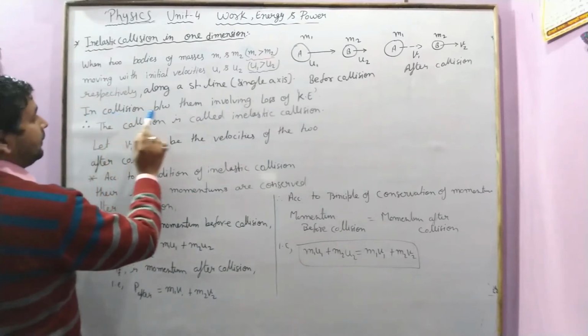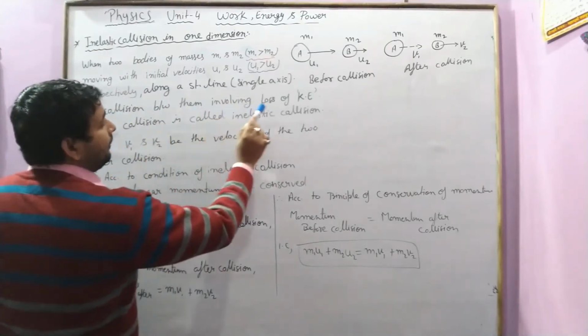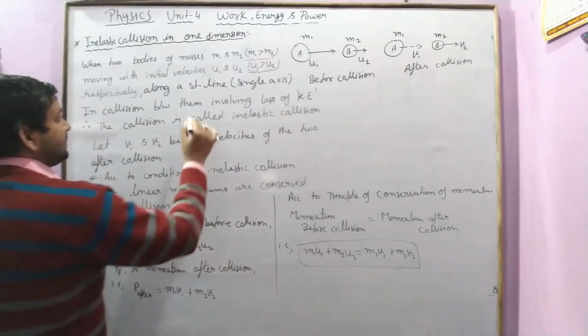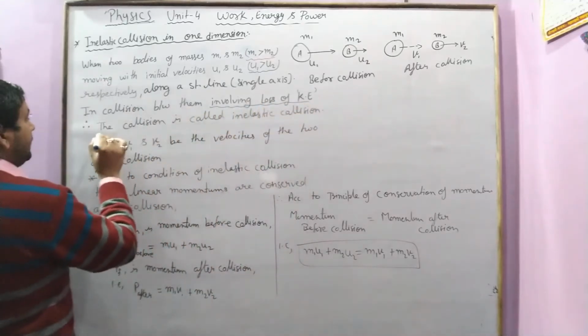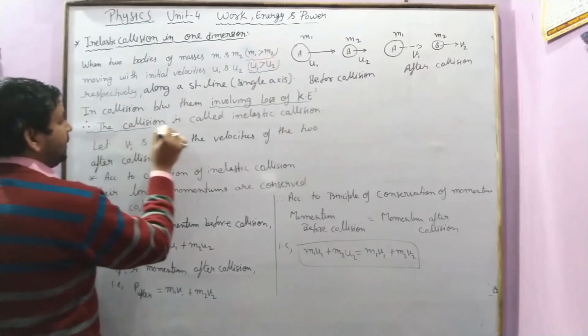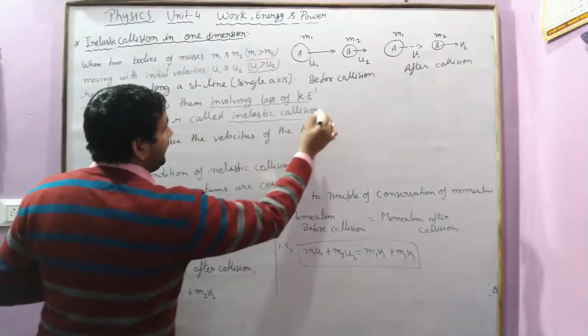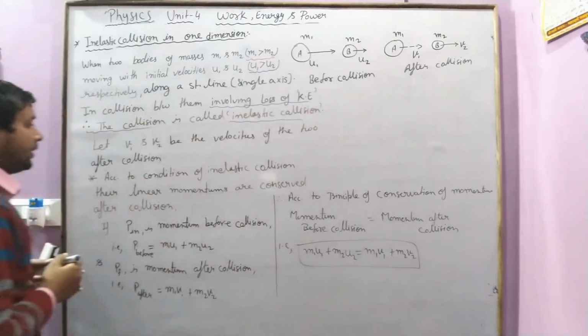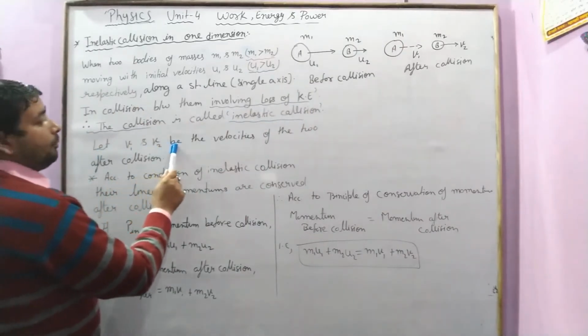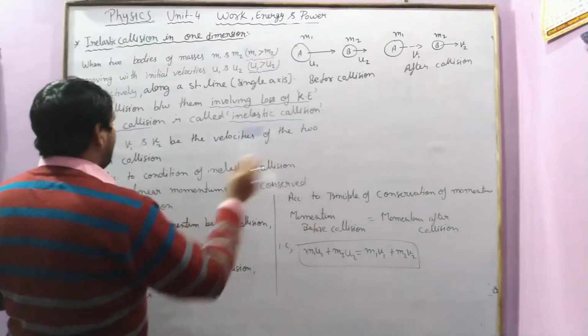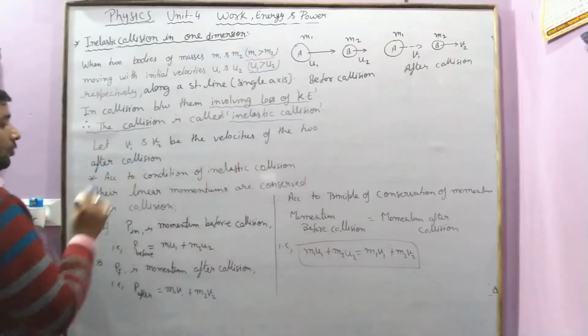In collision between them involving loss of energy, therefore the collision is called inelastic collision. Now let v1 and v2 be the velocities of the objects after collision.